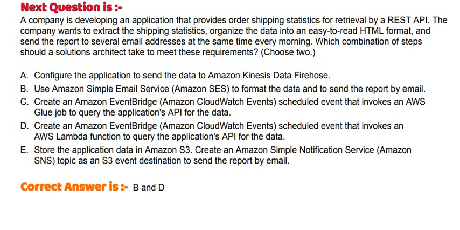Option D. Create an Amazon EventBridge scheduled event that invokes an AWS Lambda function to query the application's API for the data. And option E. Store the application data in Amazon S3. Create an Amazon Simple Notification Service topic as an S3 event destination to send the report by email. The correct answer is option B and D.